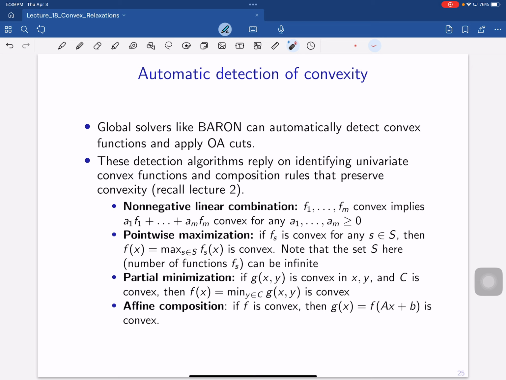That's what the solver will do under the hood for you. If you throw an arbitrary nonlinear problem to the solver, how would the solver detect which function is convex? They actually follow those, not really heuristic rules, but they have a recipe of convexity detection. But then how comprehensive is that recipe? It really depends on the solver. There is no golden rule that works for any problem.